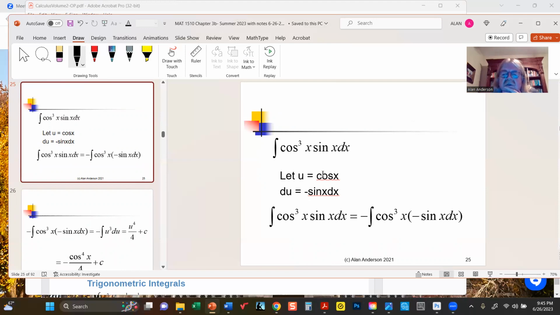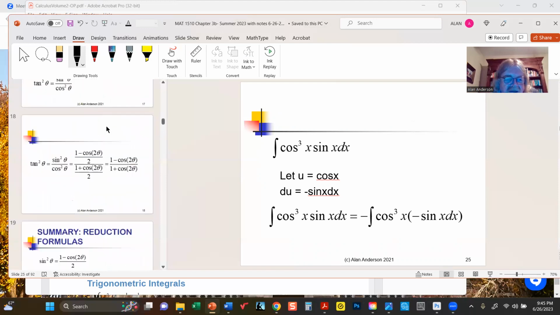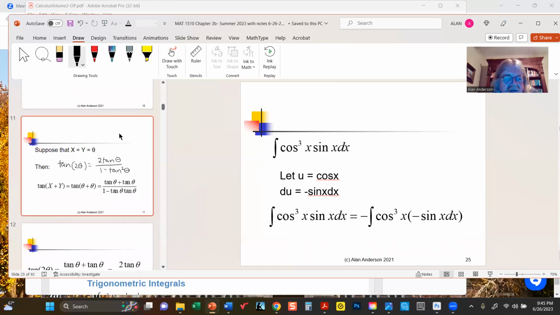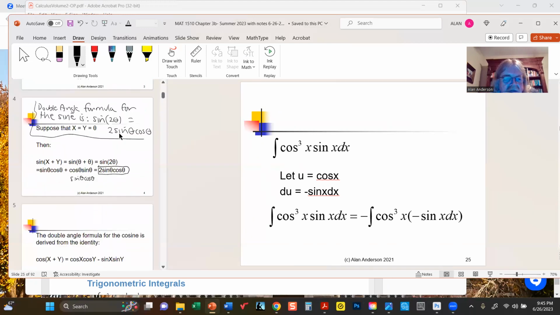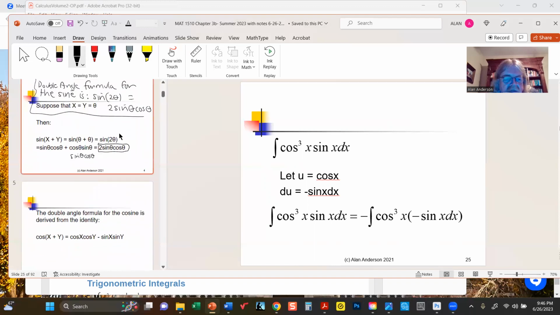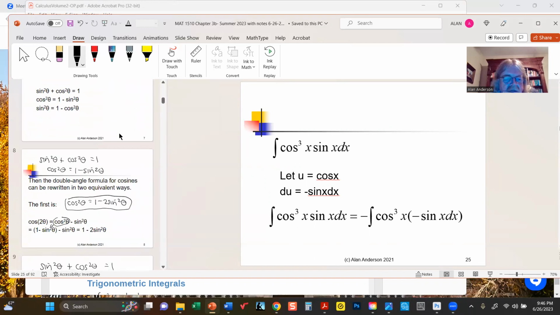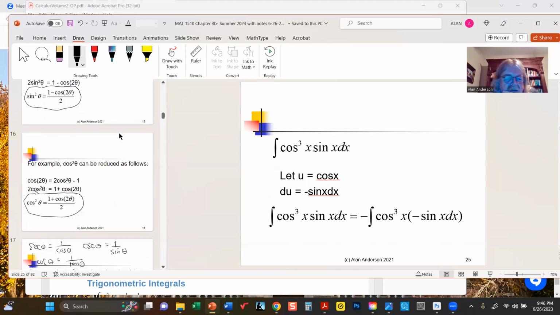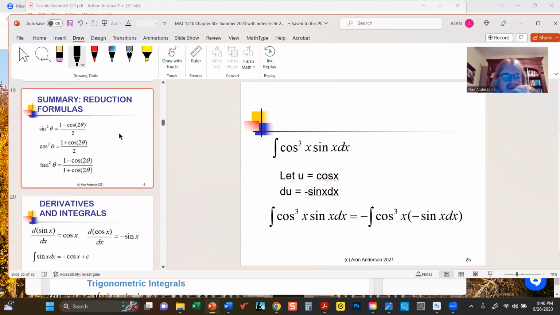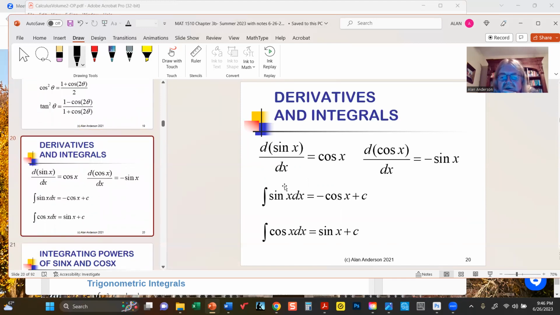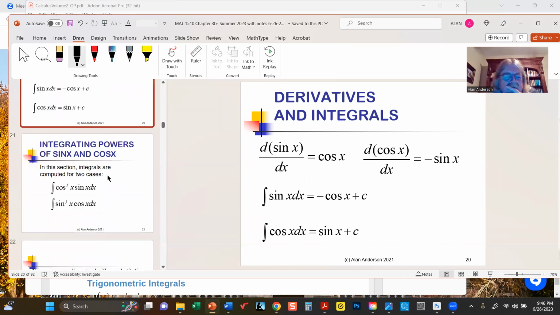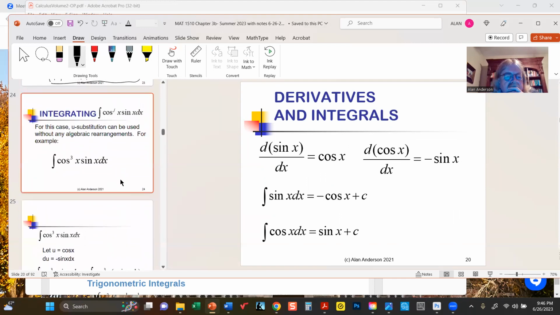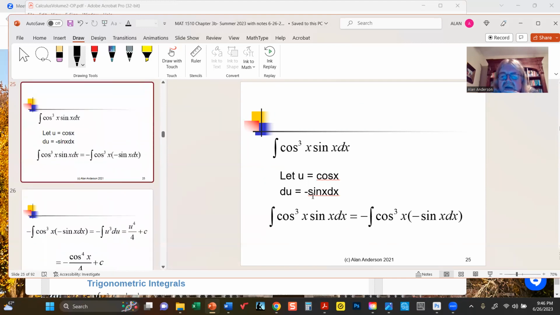Then du would be, as we saw before, let's go back and look at that chart, the derivative of the cosine. Okay, where is it? There we go. The derivative of the cosine, as you can see, is the negative sine. So that would be negative sine x dx.